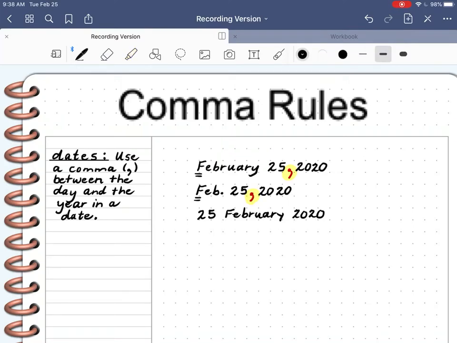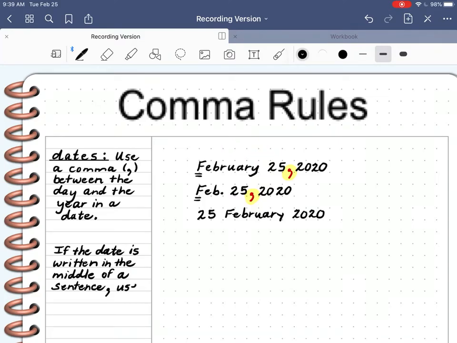There is another part to this rule that I want you to see, and that is this. If the date is written in the middle of a sentence, this is an introductory phrase, an if statement, so I'm going to use a comma there.